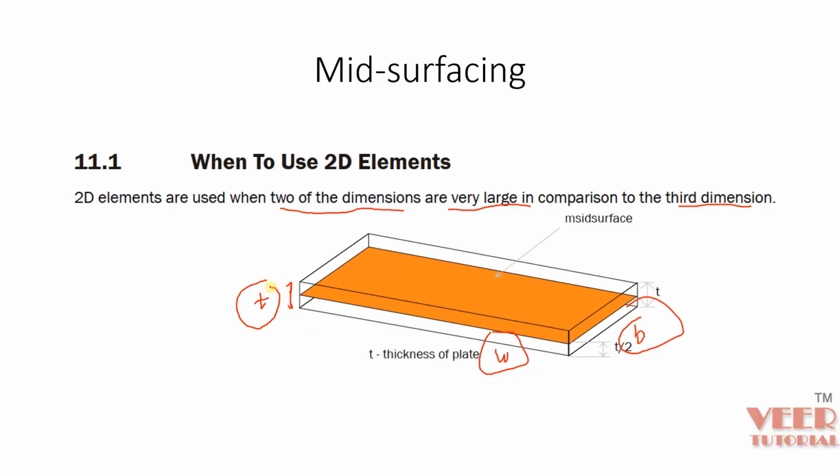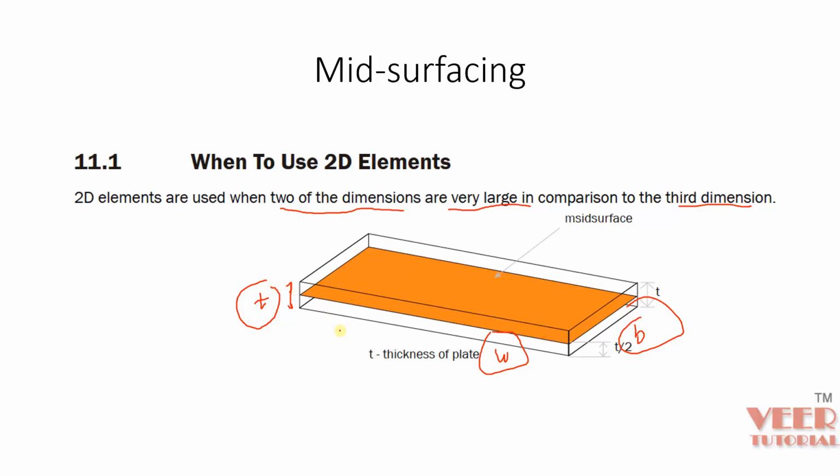So in these types of problem where two dimensions are very large as compared to the third dimension, we use this concept of mid-surfacing. So basically we do not perform this as a 3D analysis.